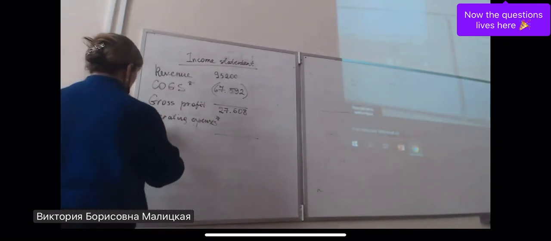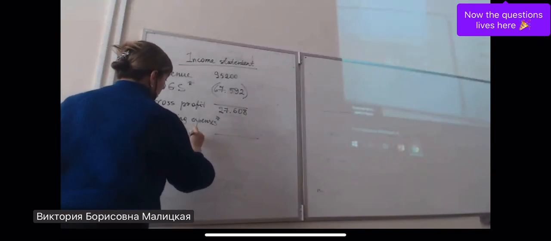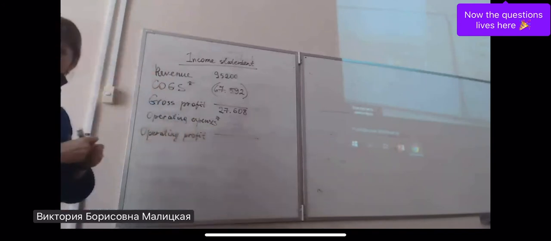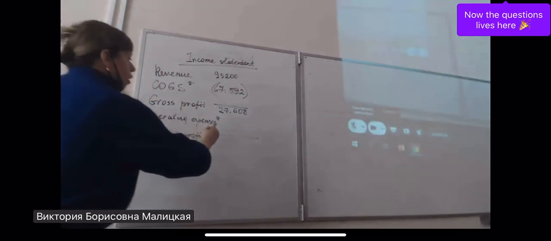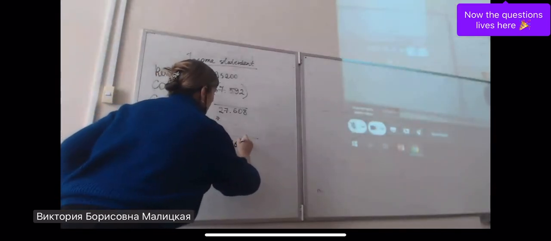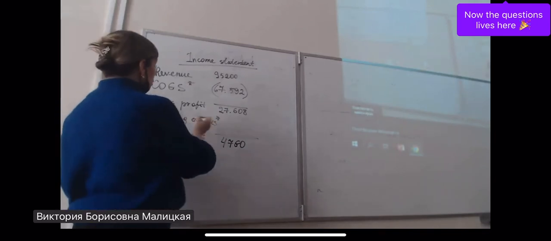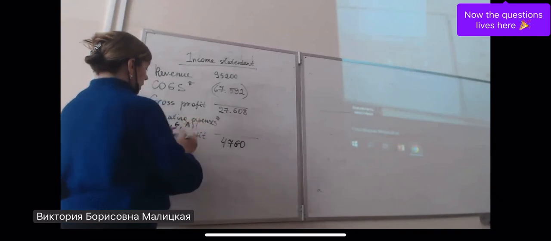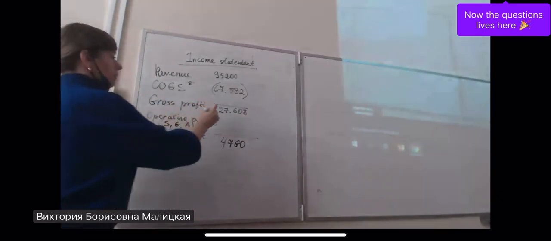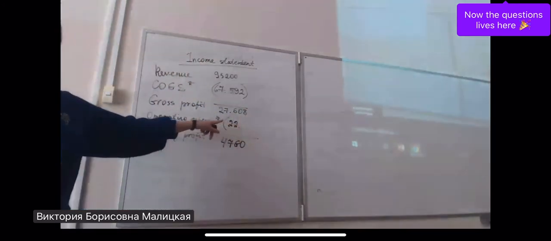Operating profit was 4,760. Yes, we know that. Say it again. 4,760, and we already know it. So how can we find out? Well, you may just write down selling, general, and administrative expenses: 22,848.